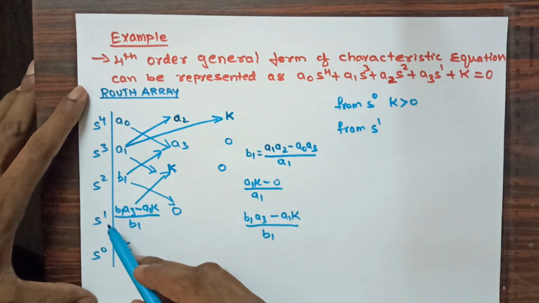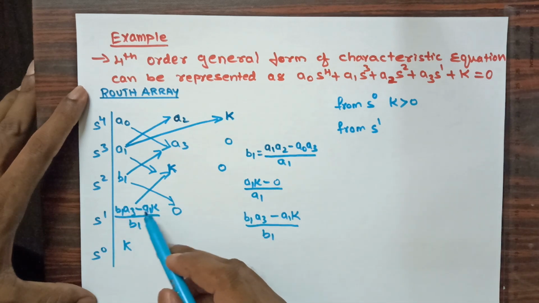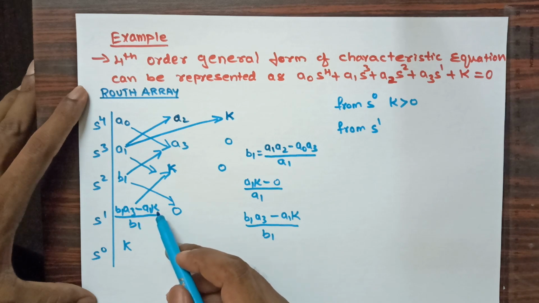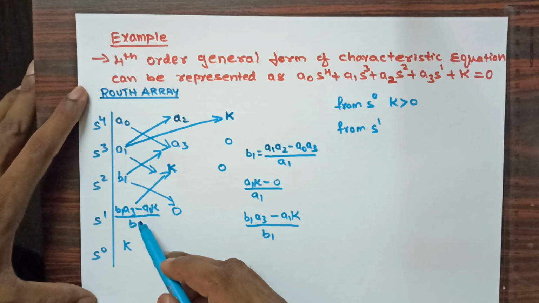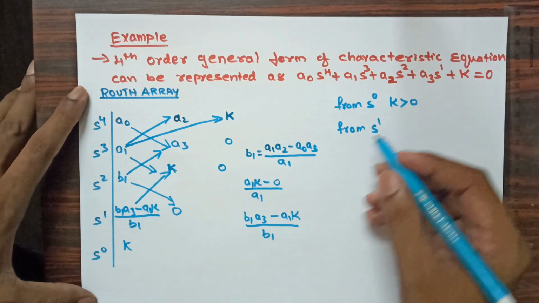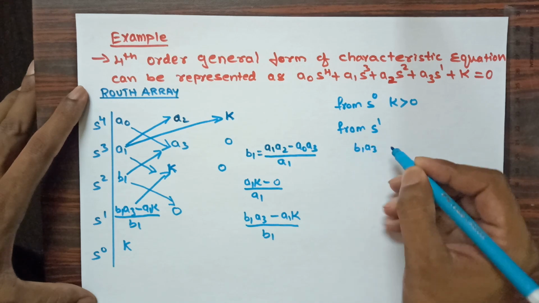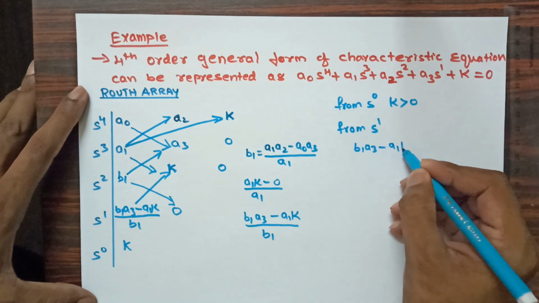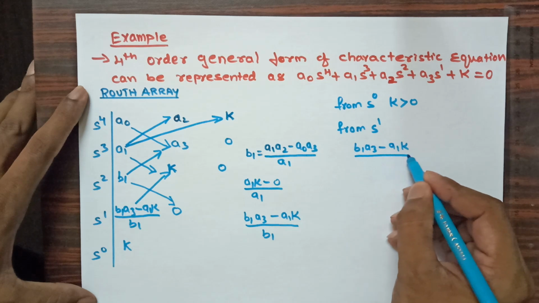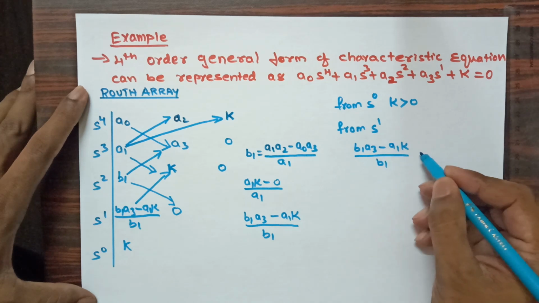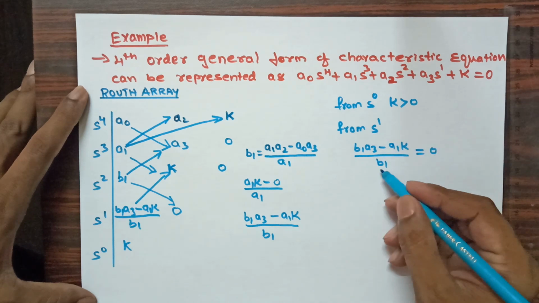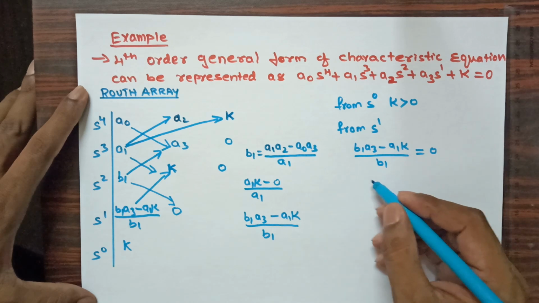Now from s to the power 1 row, I have to consider this equation. In this I have to take a k value in such a way that it makes this whole value 0. For that, from s to the power 1, I can take this equation. You can see here b1 into a3 minus a1 into k whole divided by b1 is equivalent to 0. Now this term I will take to the right hand side.